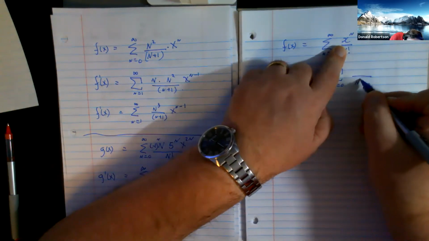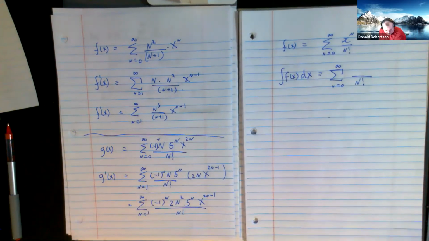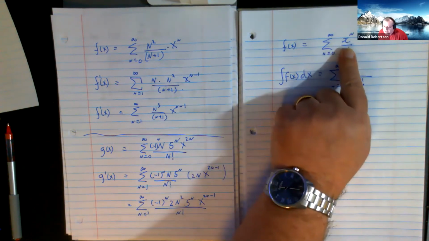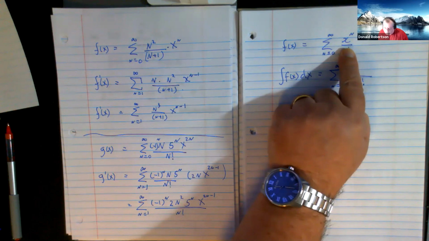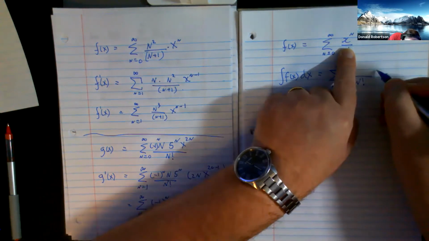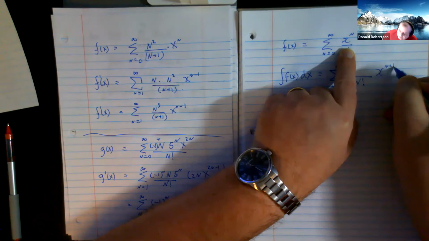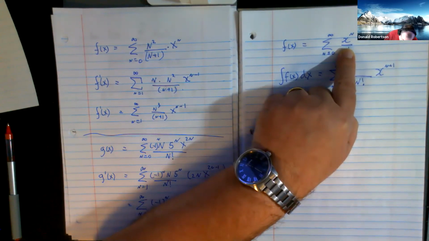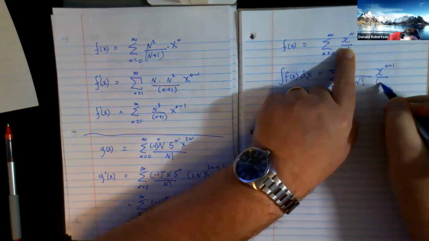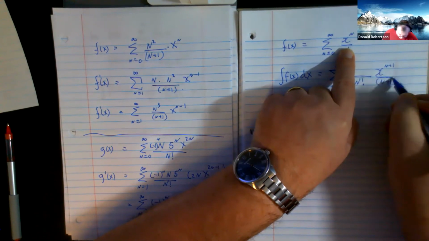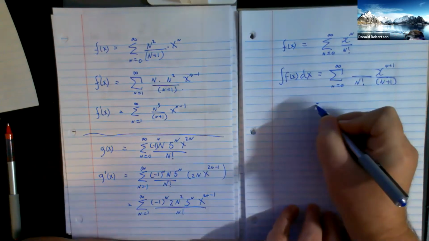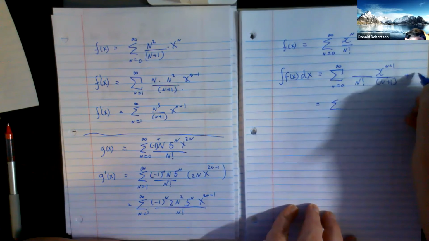You keep the n factorial. And don't you just integrate, in this case, x to the n? Now, the rule for that is add 1 to the power, right? And then divide by the new power. Oh, plus c.